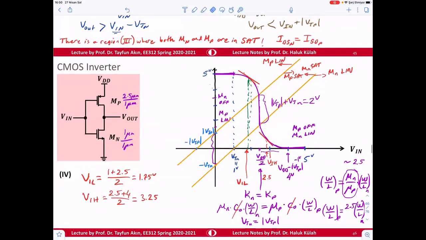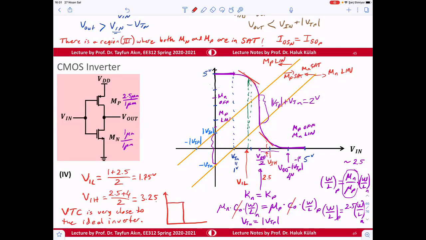Everything is very symmetric here, and the transfer function looks similar to... what is it similar to? The voltage transfer characteristic, VTC, is very close to the ideal inverter. Because if you remember, this was the ideal inverter.